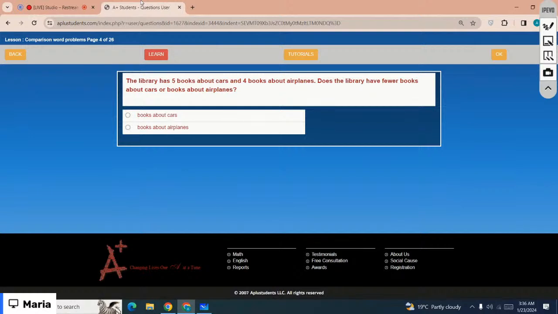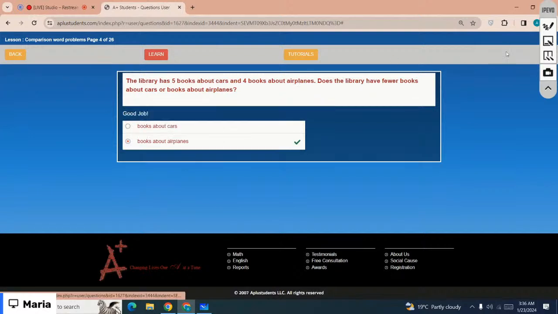Yes, books about airplanes are fewer than the books about cars, right?